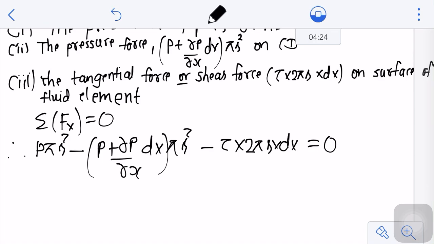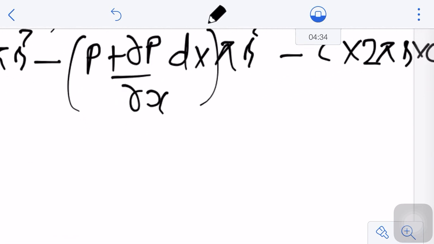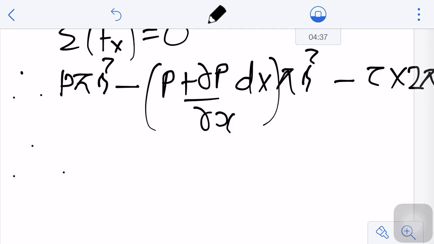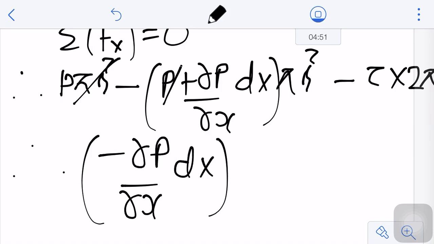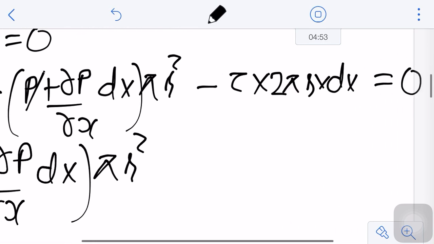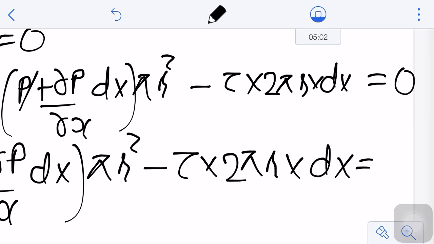After solving this equation, the first term, P pi r square, gets cancelled, and what remains is minus curly P upon curly x dx into pi r square minus tau into 2 pi r into dx equals 0.